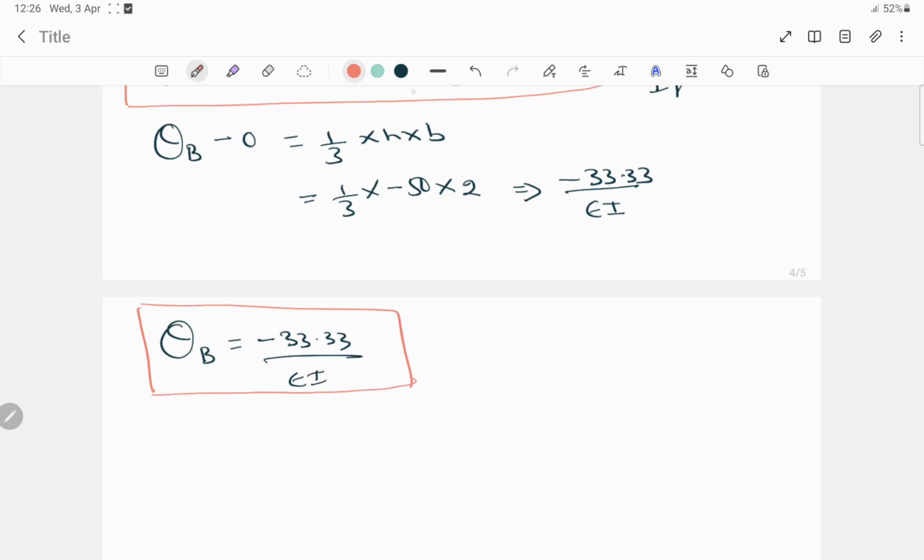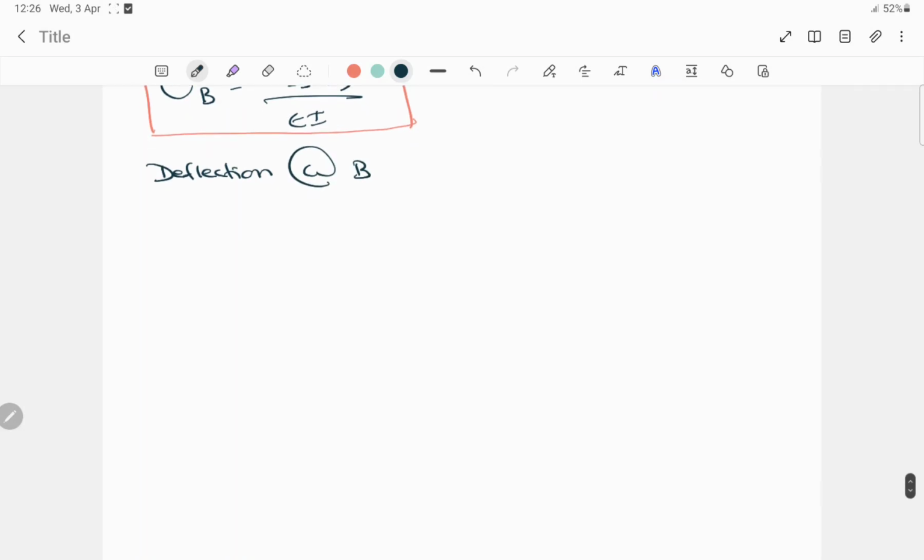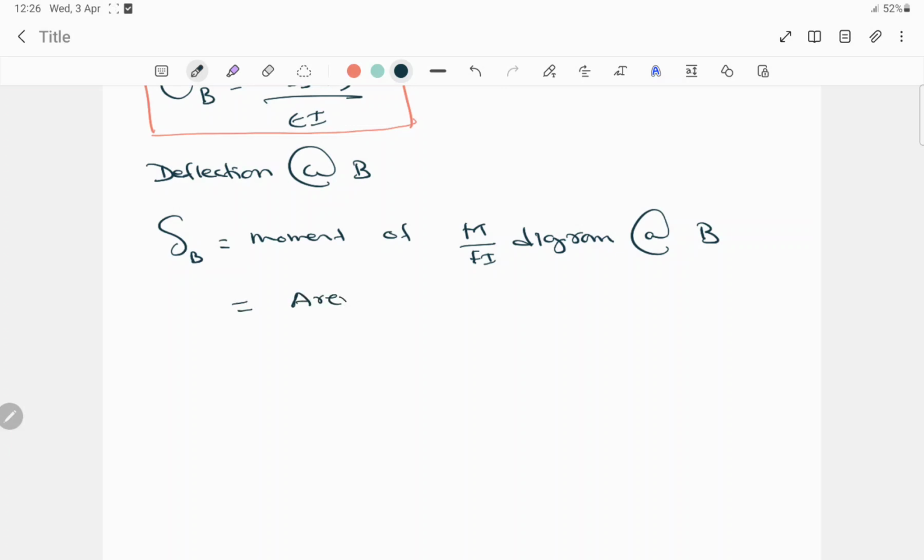Now next is to find the deflection at B. Here we have a formula that is deflection at B is equal to the moment of the M by EI diagram at B. So here moment is equal to area into CG distance.